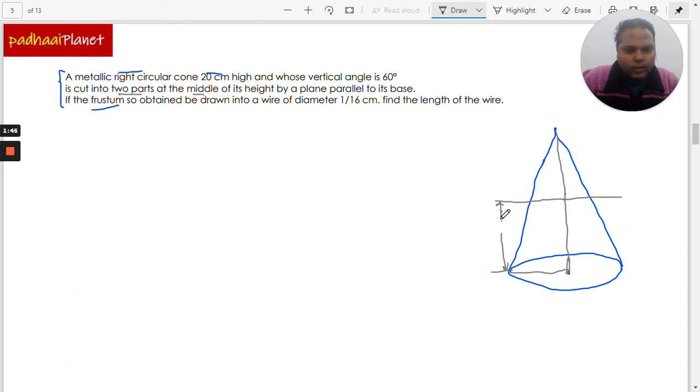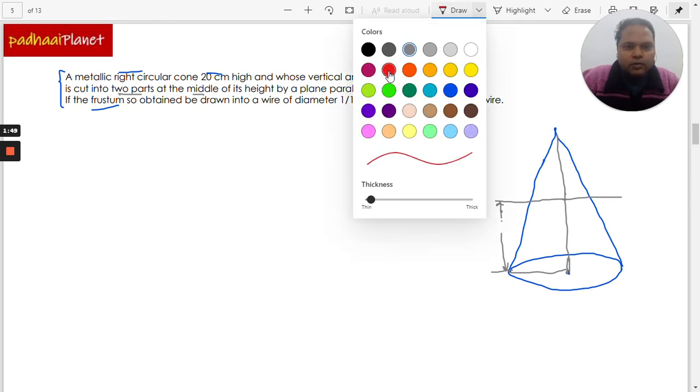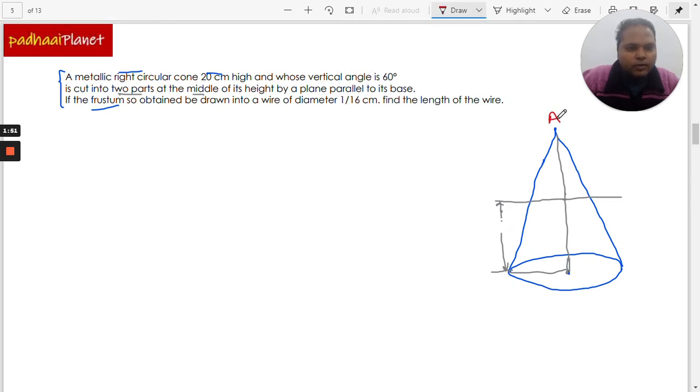So if we put some names here, suppose this is A, this point is B, and this is C, and say this is P and this is Q, or we can say this is P and then Q and this is O, and this point is X.